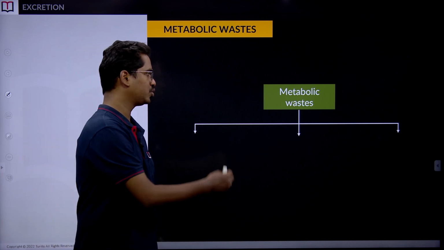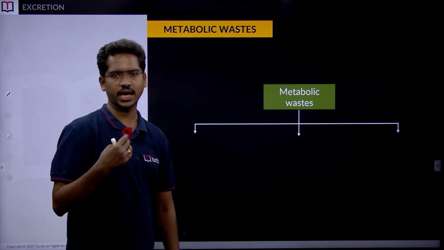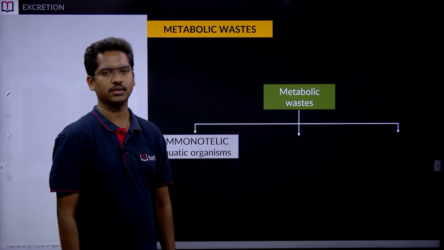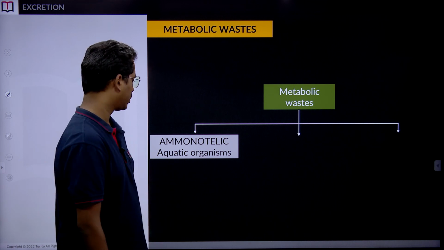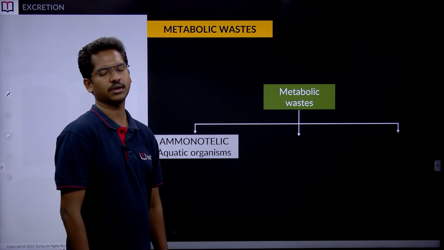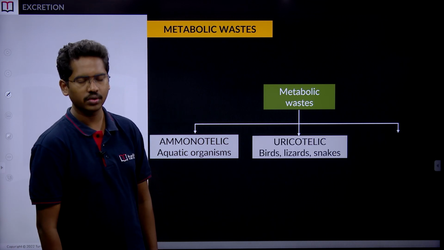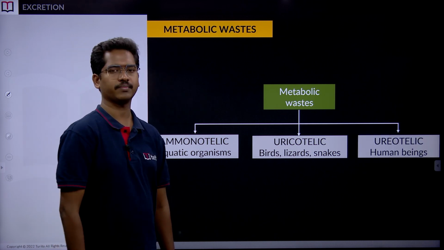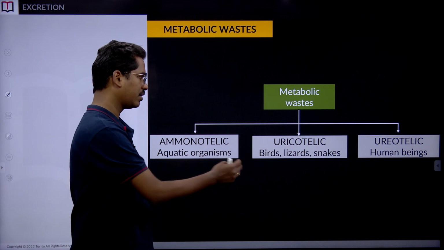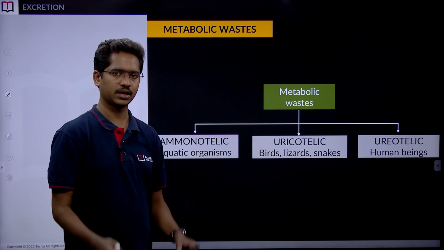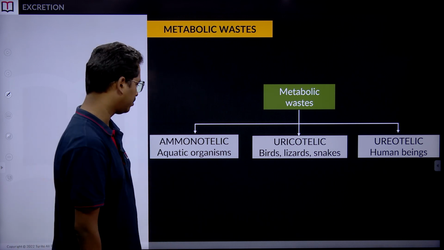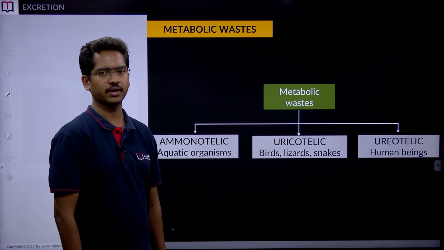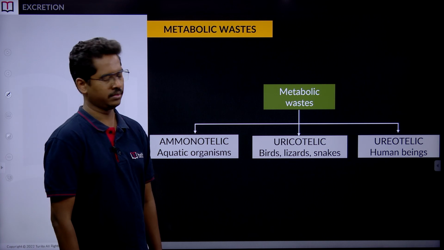So, I would like to show you that different organisms exhibit different types of wastes, starting with ammonotelic waste, ureotelic waste and uricotelic waste. Different organisms here, especially higher order animals, release different types of wastes.